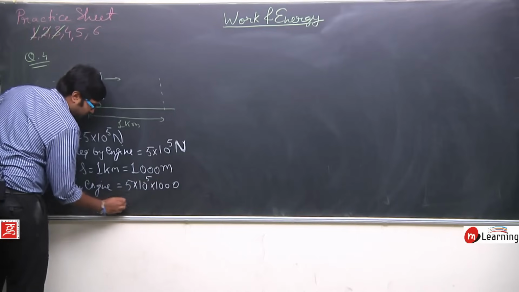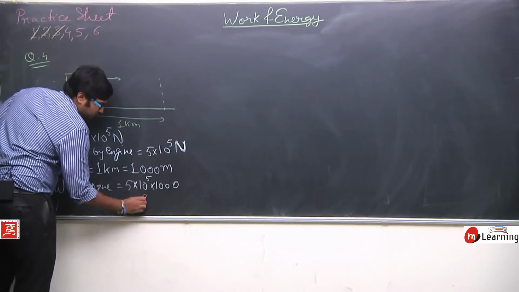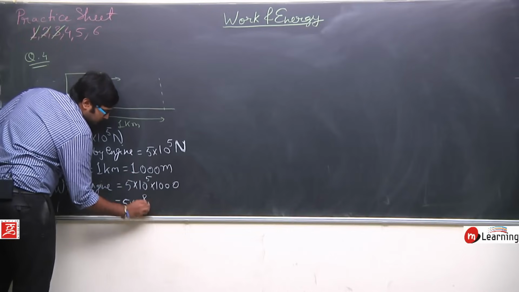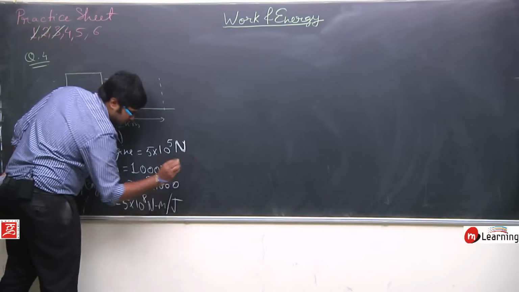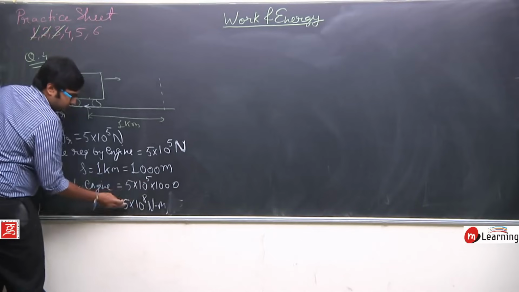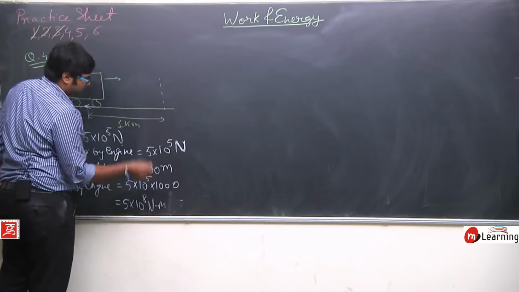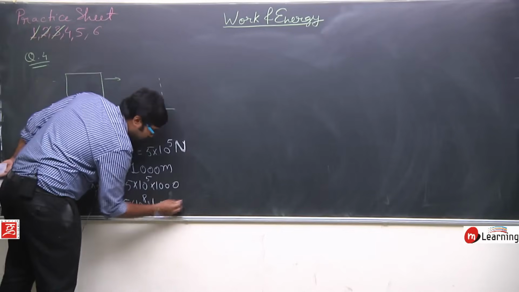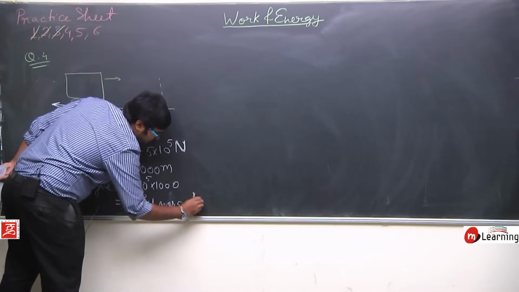So this will give you 5 into 10 to the power 5 into 10 to the power 3, so it will give you 10 to the power 8. This is newton meter, or we can say joules. Either it is 5 into 10 to the power 8 newton meter, or 5 into 10 to the power 8 joules.